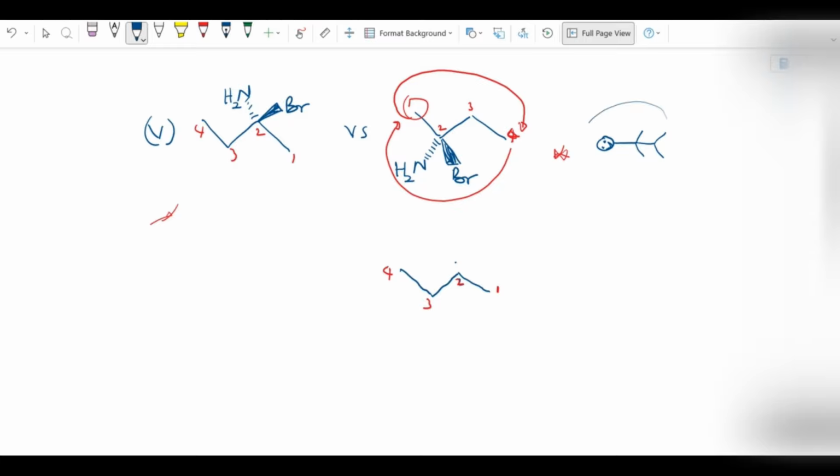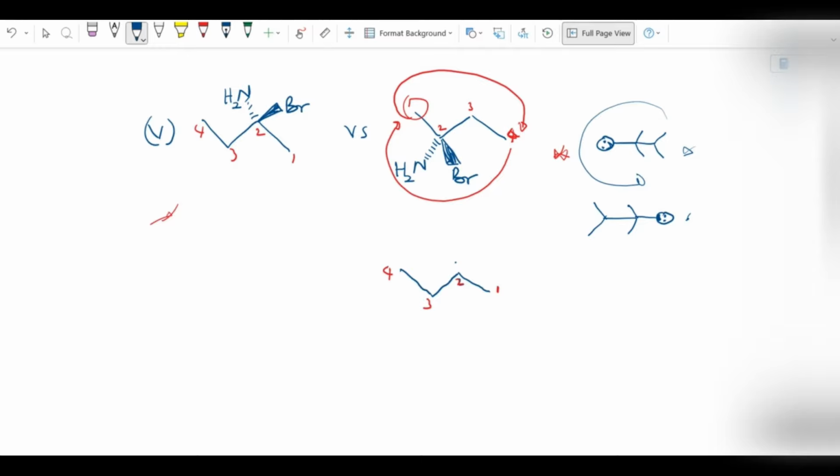If you rotate him by 180 degrees, he's pointing in the same direction. The thing to note here is that the face, both here and here, is facing upward, right? So in terms of stereochemistry, whenever you make a rotation around an axis like this, the stereochemistry remains the same.